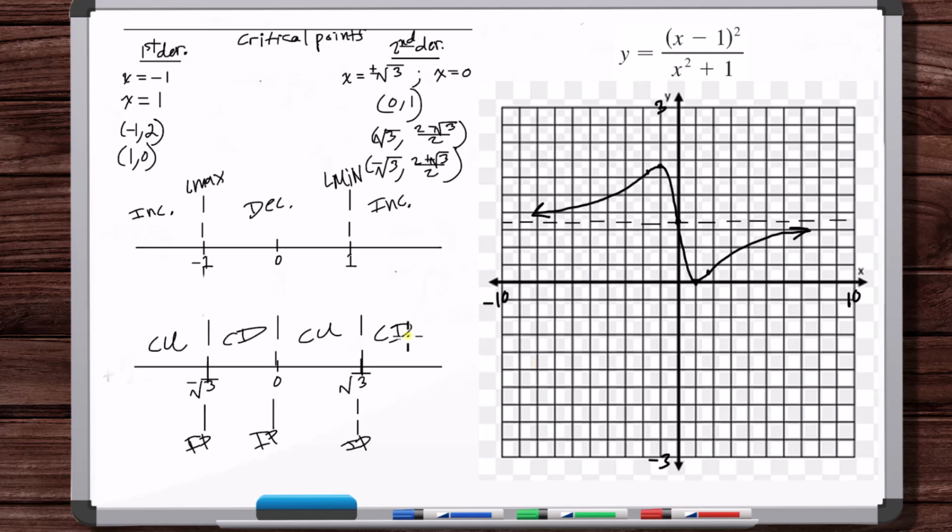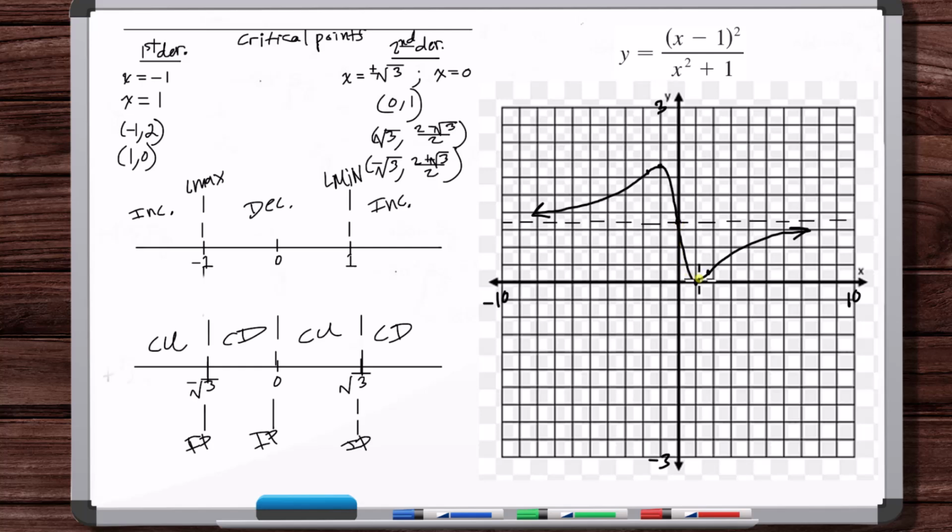Like that. So if we analyze this, we should be increasing all the way from negative infinity to x is equal to minus 1. Yes. And then from minus 1 to 1, we're decreasing. And then from 1 to infinity, we're increasing. From negative infinity to minus root 3, we're concave up. And then from minus root 3 to 0, we're concave down.